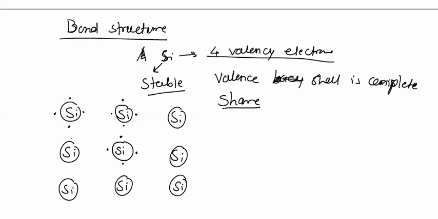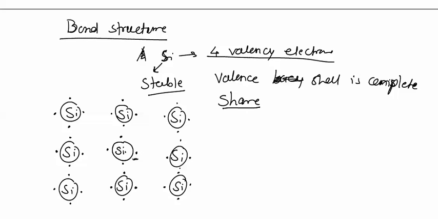I am showing only these electrons because they are easy to be removed, because the force of attraction between these electrons and the nucleus is less as compared to other electrons. These silicon atoms are present in the material with 4 valence electrons. This silicon atom will acquire stability.